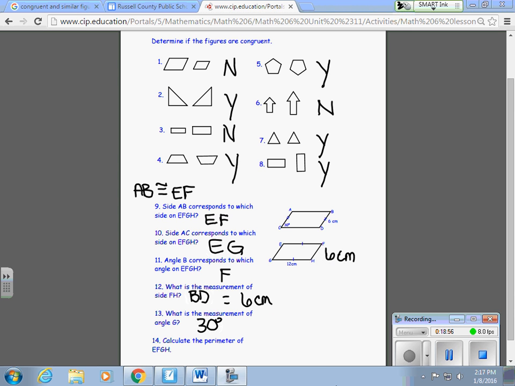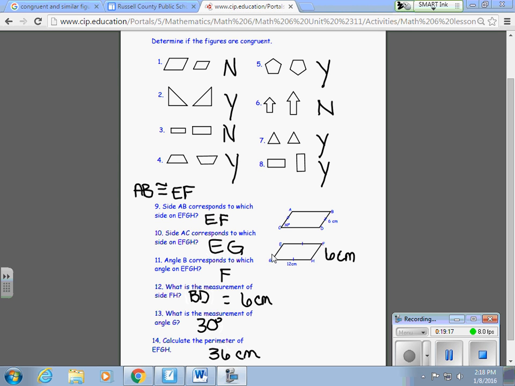So yes. Now 14 says calculate the perimeter of EFGH. How do you know what the perimeter is? What do you do? Realize that 6 goes down, 6 is on the other side.